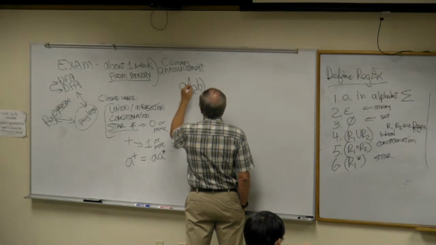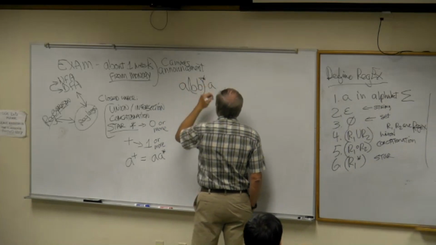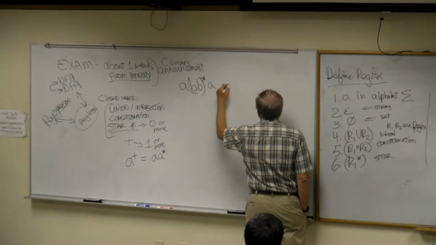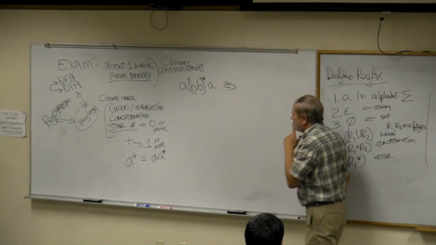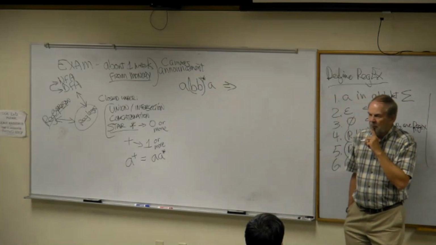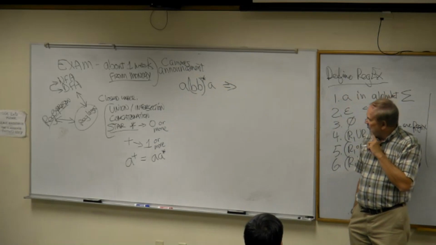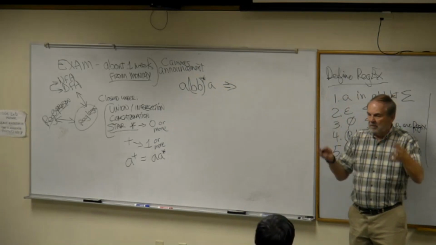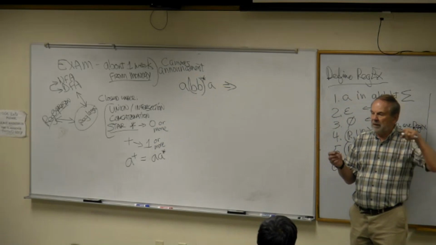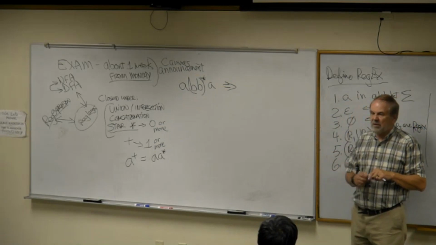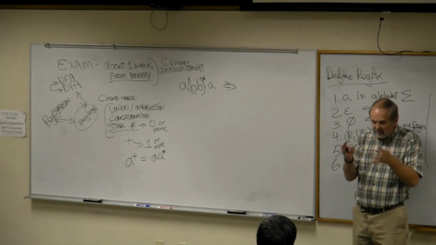Parentheses just group elements for applying the operator on the outside, for putting that star on. So it means the BB, the two elements together, are repeatable, 0 or more times. So this would be a string starting with A, ending with A, and having any number of pairs of B's inside.